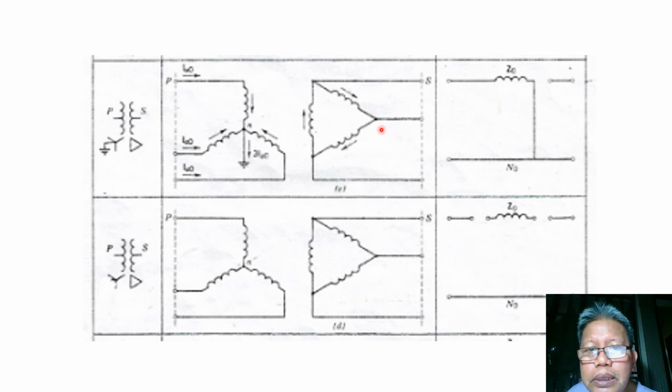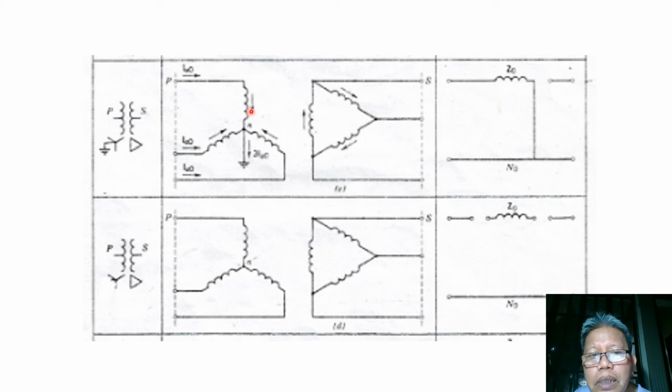Now, however, at the secondary, the zero sequence current flowing in the windings in the primary will produce zero sequence current in the secondary because the ampere turns of the primary and the secondary circuit should be equal.